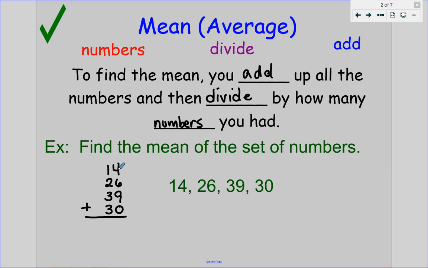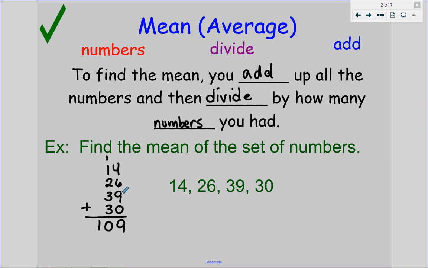So we have 6 and 4 is 10, plus 9 more is 19. My 9 goes down, my 1 goes up. Then 1 and 1 is 2, 2 more is 4, 4 and 6 is 10. Again, I'm going to add these. When you have a lot of numbers in a set of data, you should definitely re-add your numbers just to make sure.